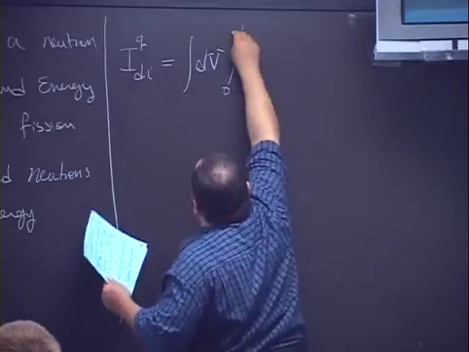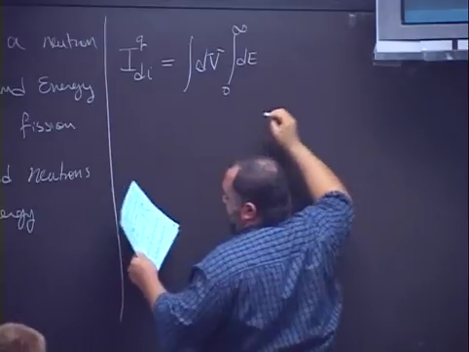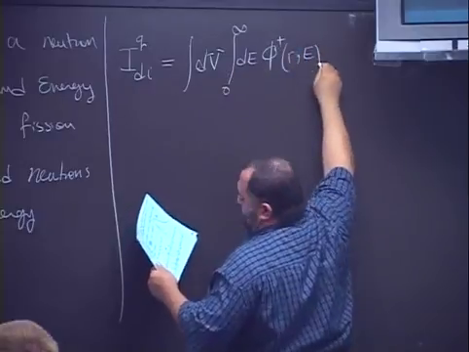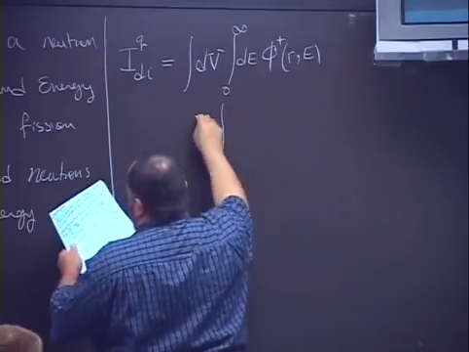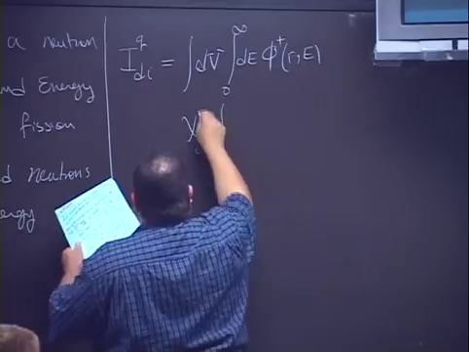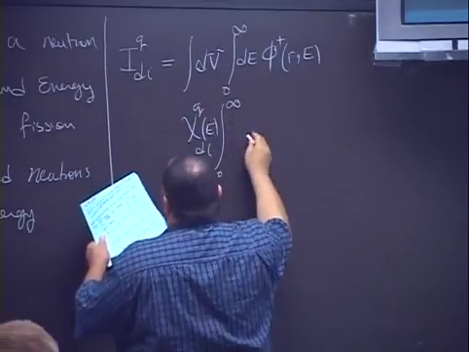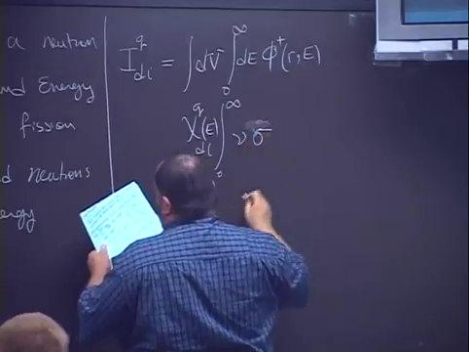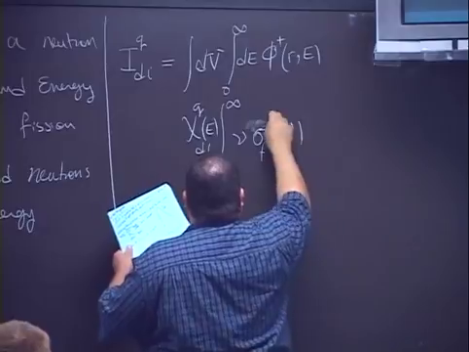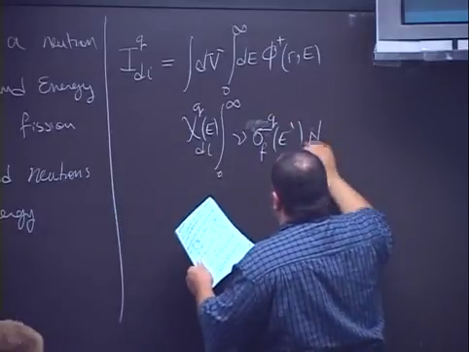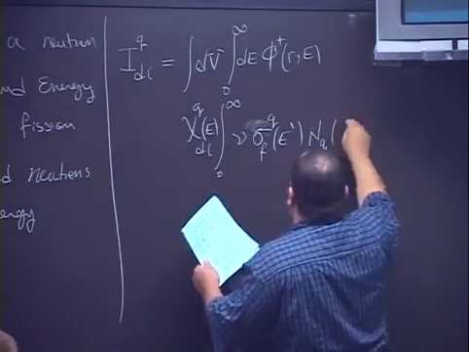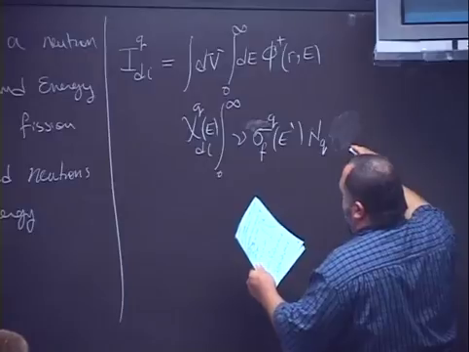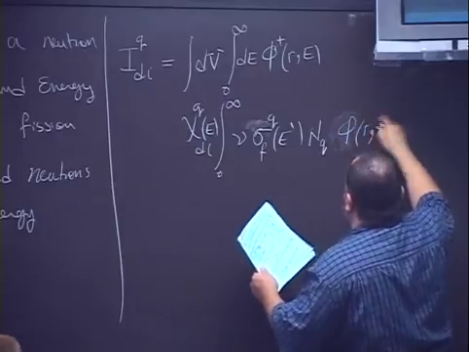Then you integrate from 0 to infinity for dE multiplied by phi, the probability function that I just defined at R and E, multiplied by chi_di of energy E for Q from 0 to infinity again, and this is multiplied by nu sigma fission of energy E prime for the isotope Q, multiplied by the number density of the fissile atoms Q, or actually number density should not be a function of energy, multiplied by the flux at position R.